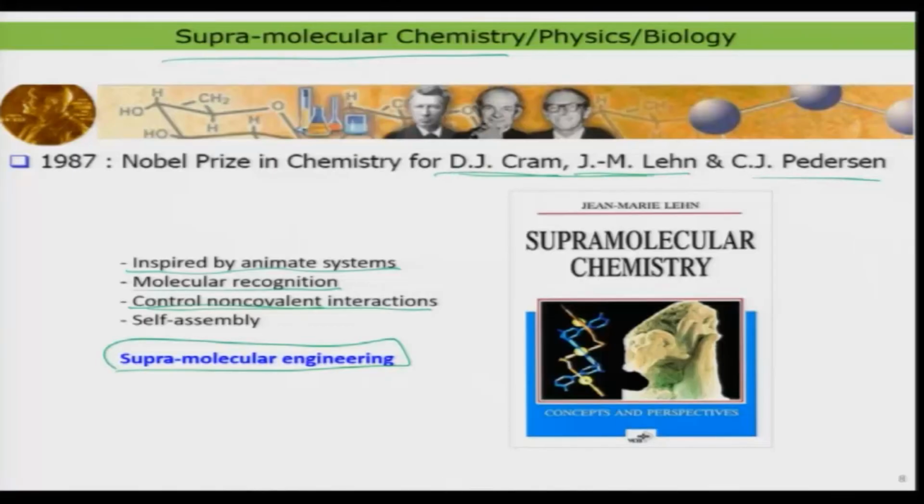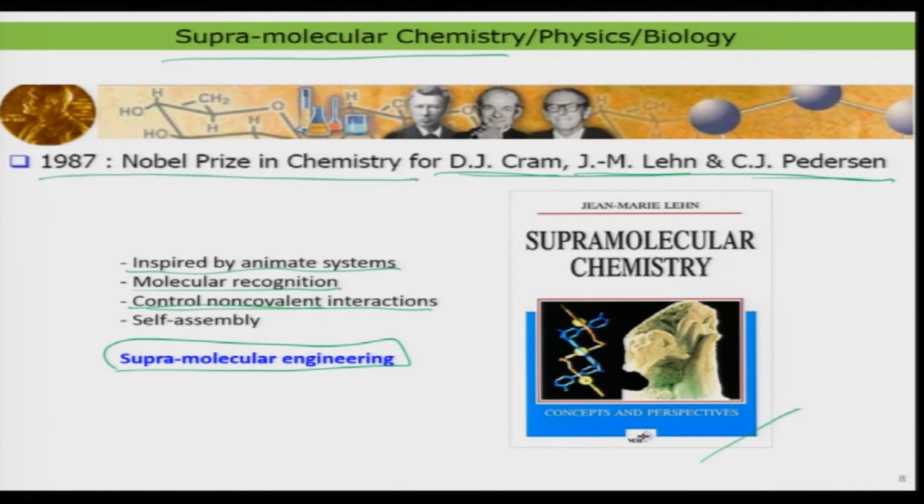That means you have greater control over the molecular interaction, or you can trigger or externally control it. That is what these three people strategized, and they won the Nobel Prize in Chemistry in 1987.